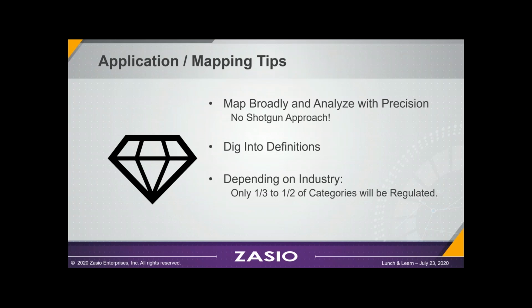Digging into definitions is also critical because you can have a requirement where you're looking at the text of the requirement and it says something, but then there's a key term that you have to go to a definition section to define that adds a layer of analysis or a layer of clarity that could maybe even mean that it's not relevant to you as a regulated party.